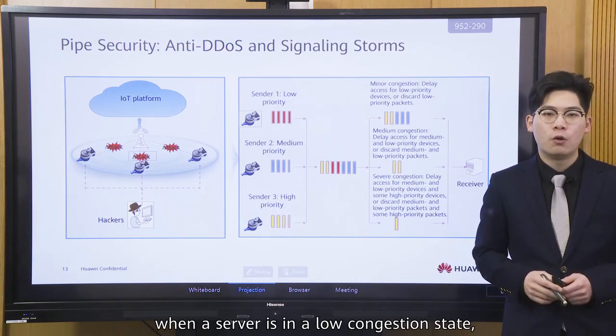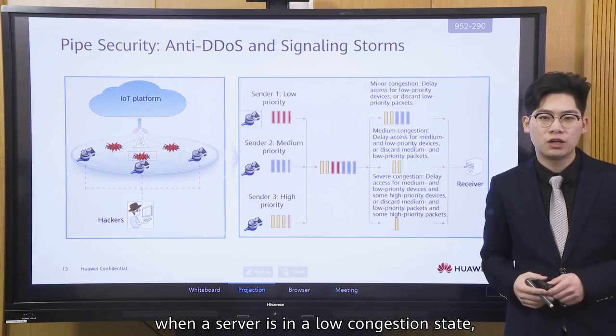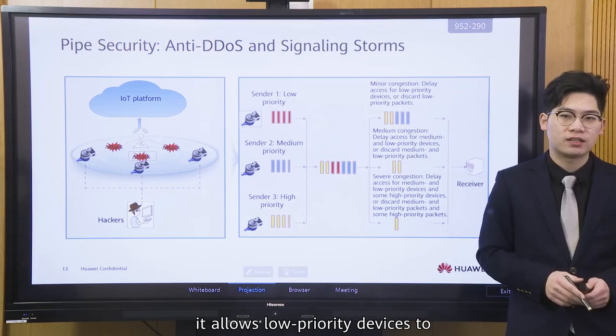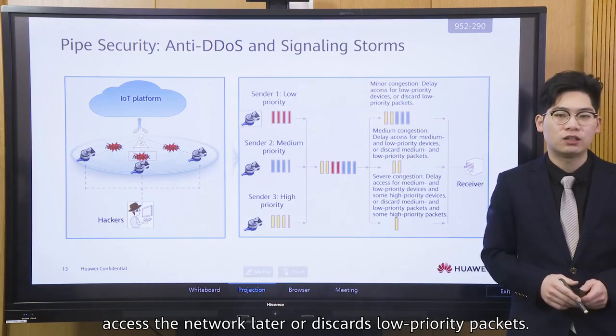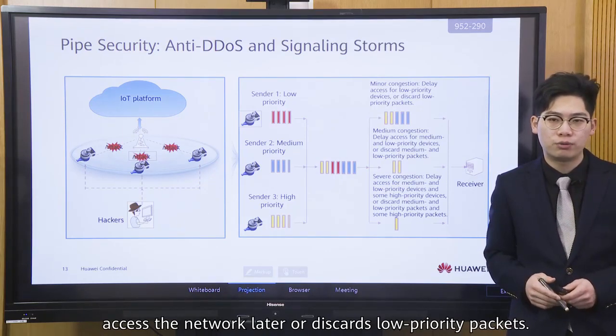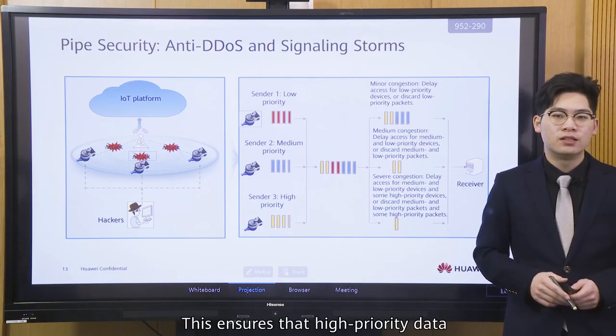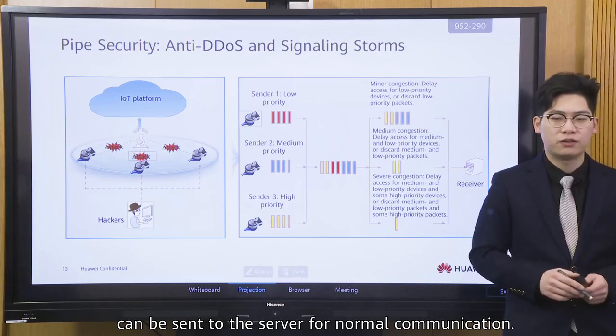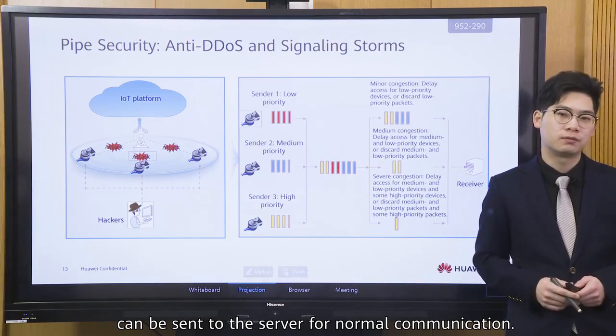For example, when a server is in a low congestion state, it allows low priority devices to access the network later or discards low priority packets. This ensures that high priority data can be sent to the server for normal communication.